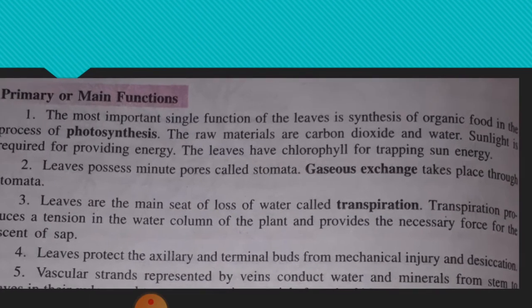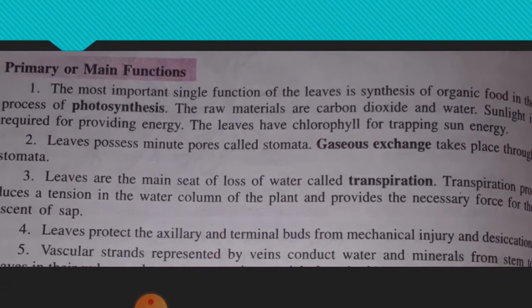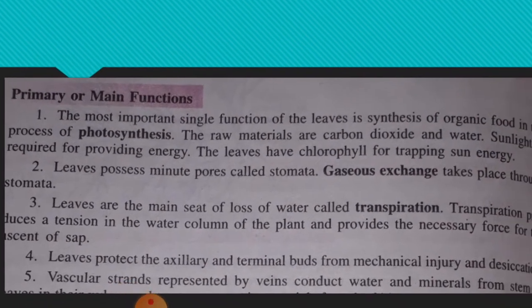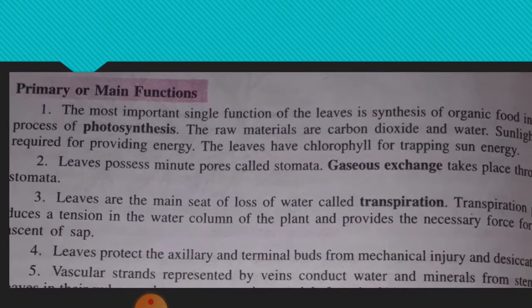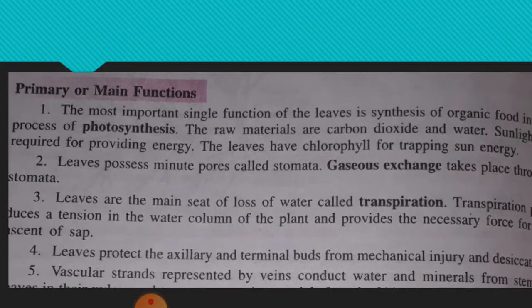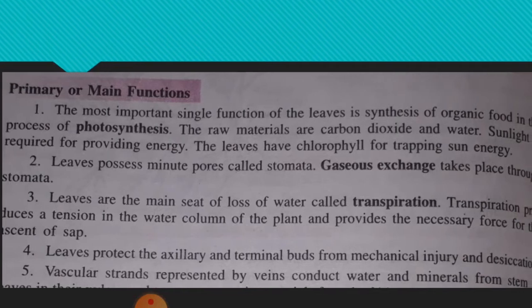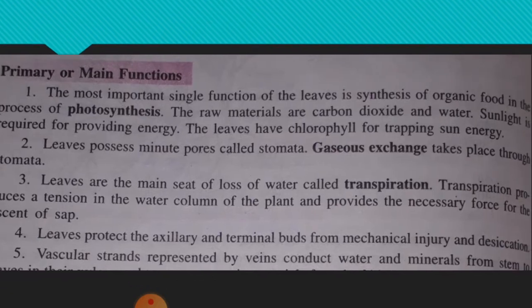So far as the primary or main functions are concerned, the most important single function of the leaf is synthesis of organic food in the process of photosynthesis. The raw materials are carbon dioxide and water, and sunlight is required for providing energy. The leaves have chlorophyll for trapping sun energy.